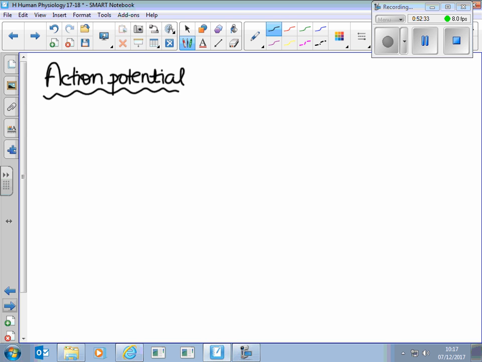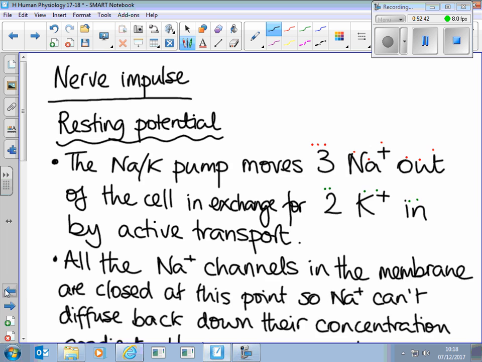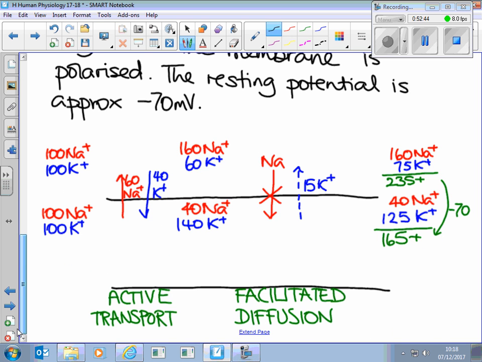The sodium ions rush into the neuron, because that difference, go back to my numbers, that gradient was quite significant. We've got 160 outside, 40 inside. They desperately want to get back in. So if you now open these channels where I've drawn the cross there, they are going to rush in very, very readily.